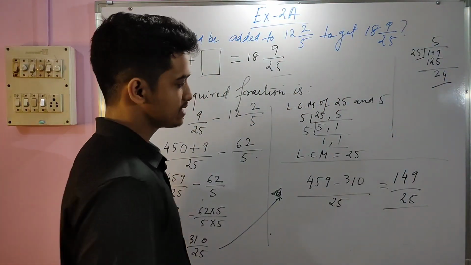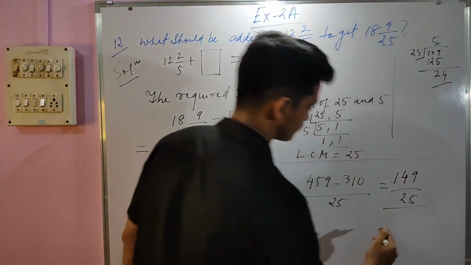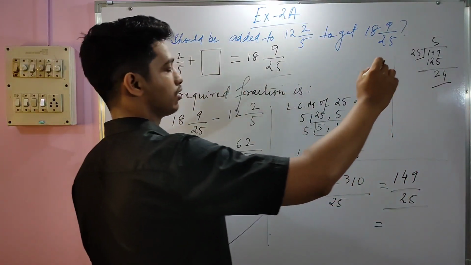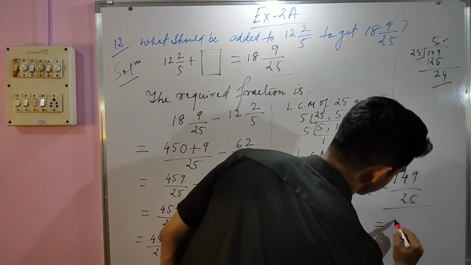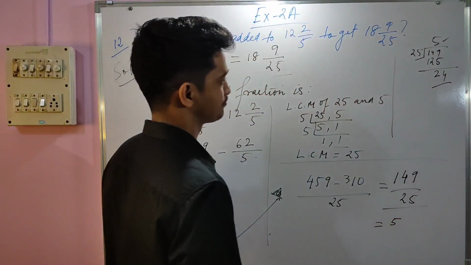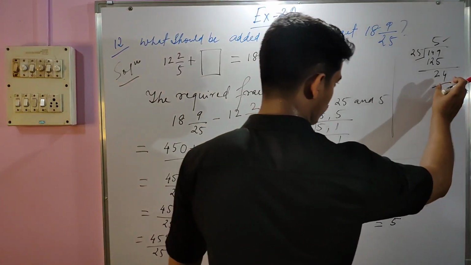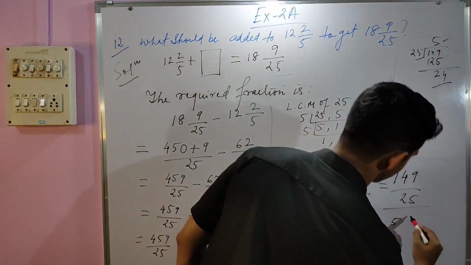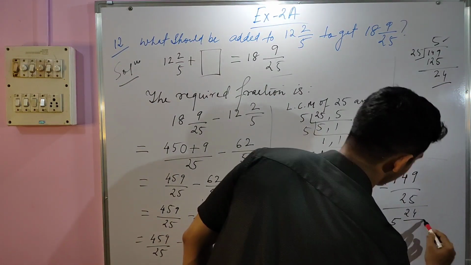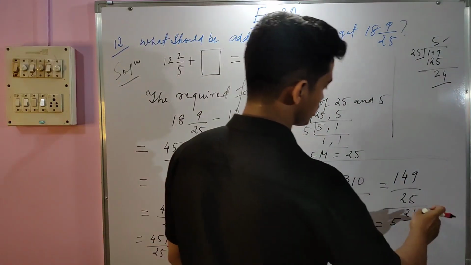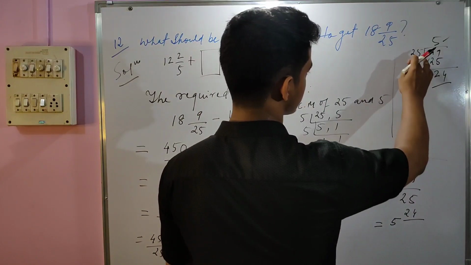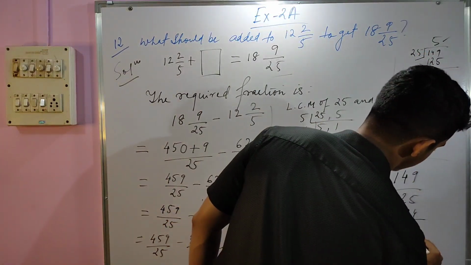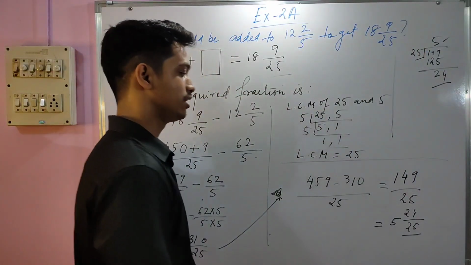So how do we write this as a mixed fraction? Whatever the quotient is, we write this quotient over here, right? And what is the remainder? The remainder is 24, so it goes in the numerator. And what is the denominator? The denominator is the divisor, so 25, right?